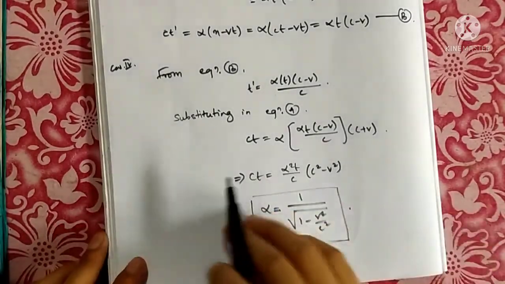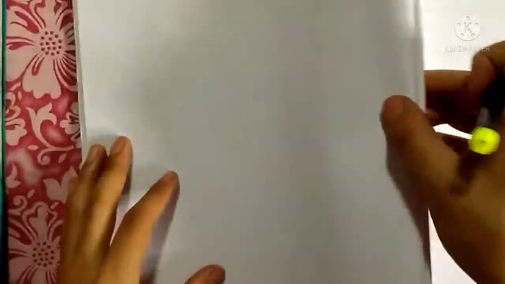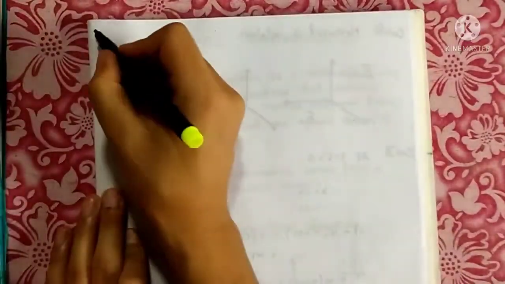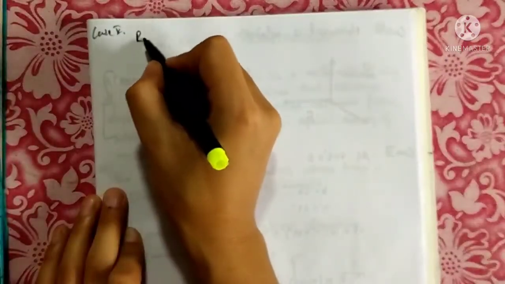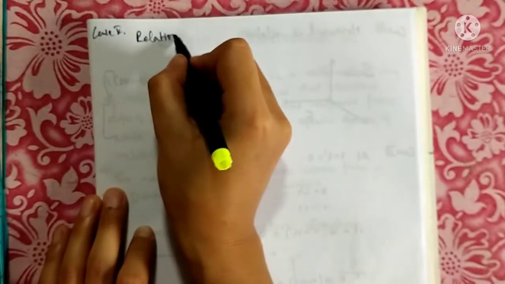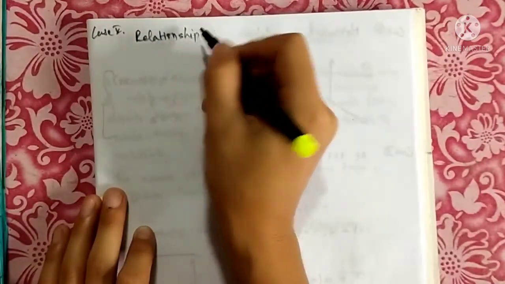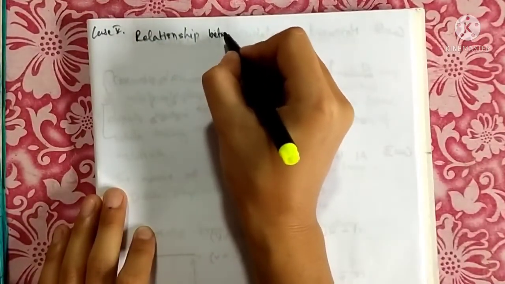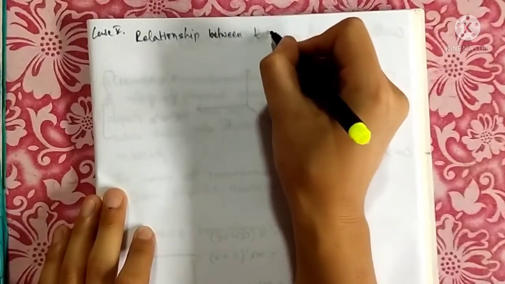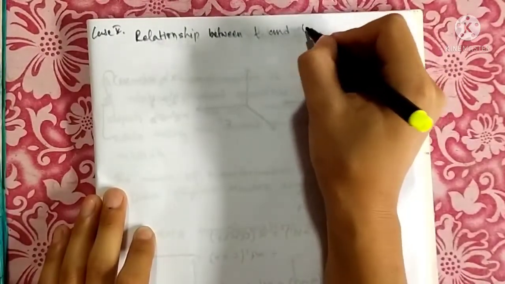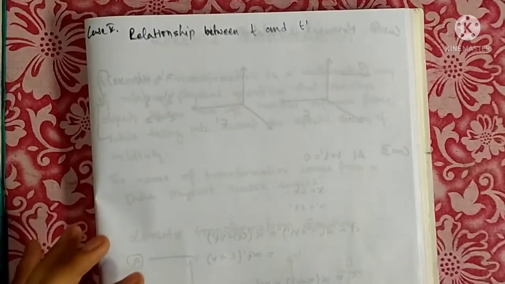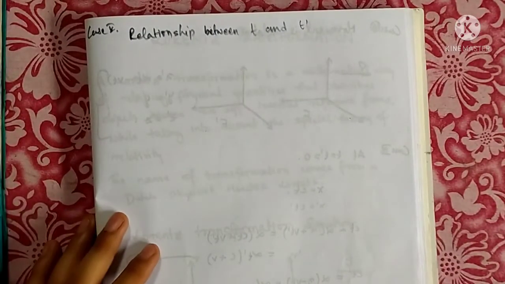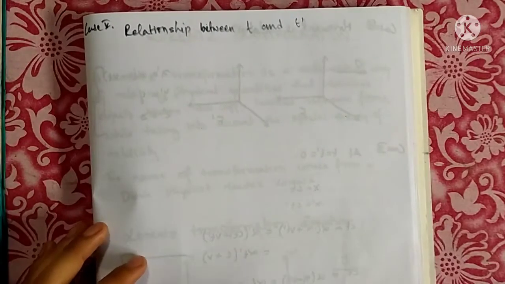Now in case 5, we will have to find out the relationship between t and t prime. Because distance or a length is not the only thing that contracts, time also dilates.